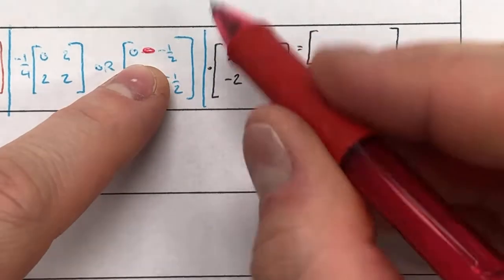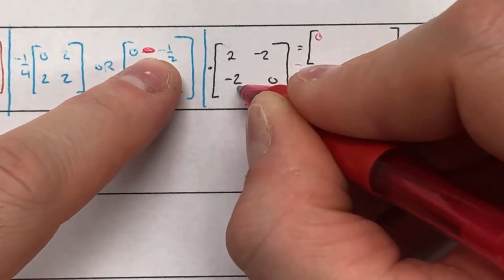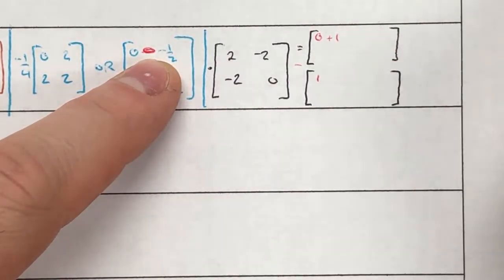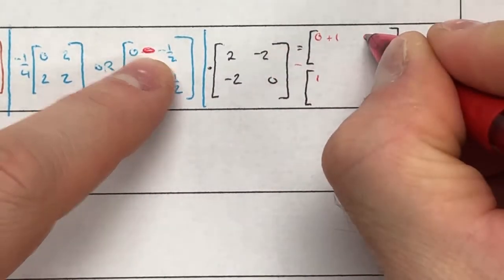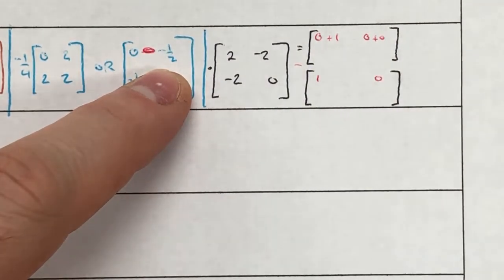So dot product right here is 0 times 2, which is 0. Negative 1/2 times negative 2 is going to be plus 1, which is 1. I do it to my next column, so 0 times negative 2 is going to be 0. Negative 1/2 times 0 is 0, so we get that.